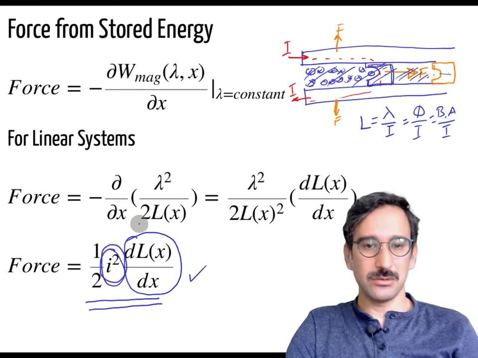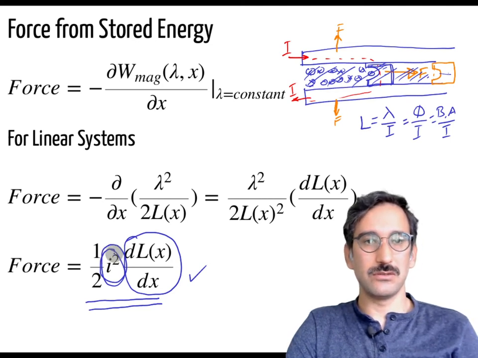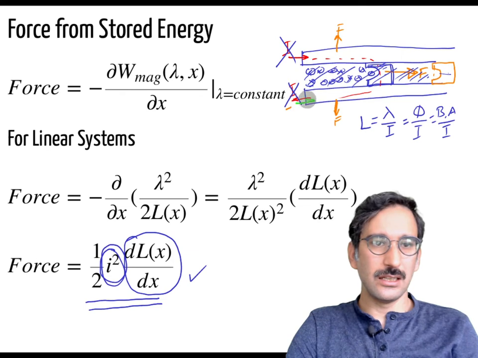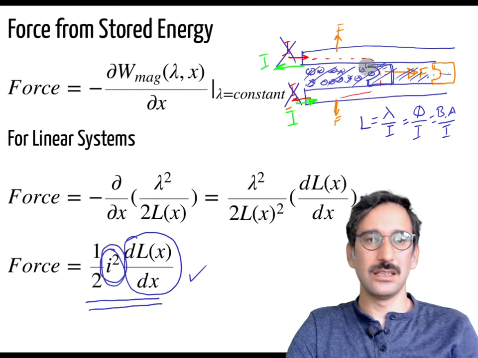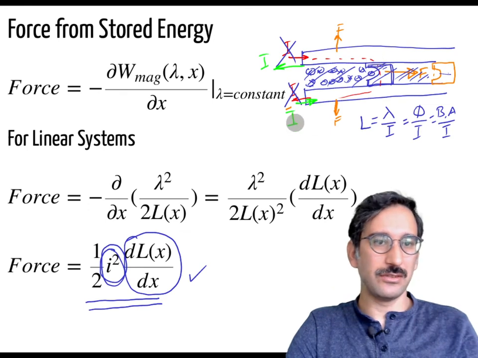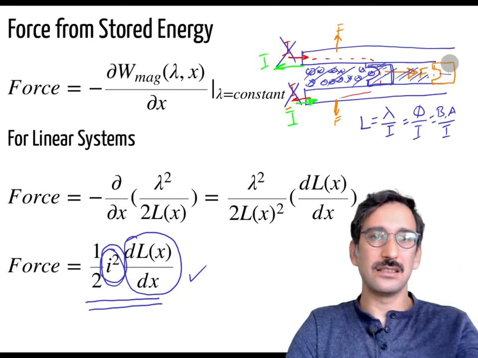And secondly, because of the current, have a look at that one, that term is always positive. So that means even if I cancel that current and apply, let me use a different color, an opposite current, so I reverse the direction of the current, the armature will not move in the opposite direction, because even if the current is applied in the negative direction, the direction that increases the inductance is still that way.